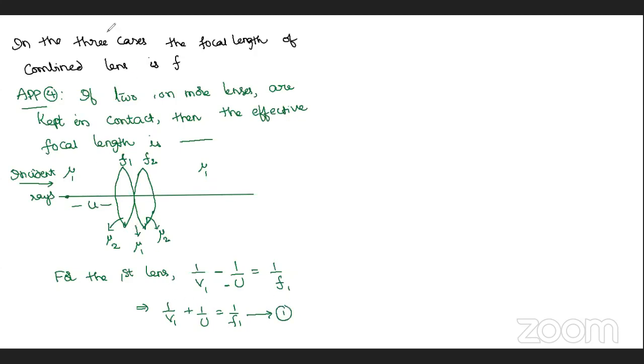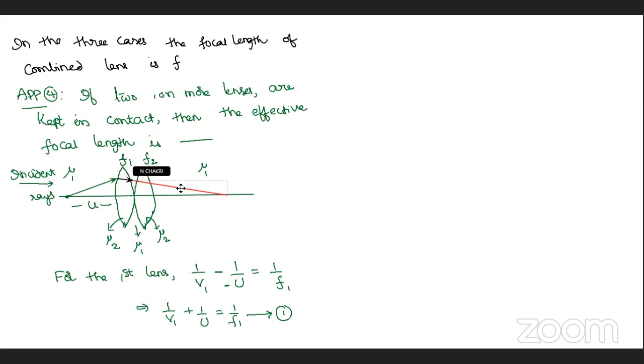Means if you draw the rays, I think you will get it like this. Suppose object, light ray. After refraction, you will get the light ray here like this. Actually, this light ray should extend forward like this. Am I right?